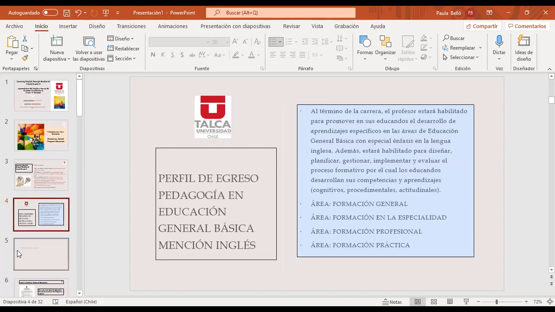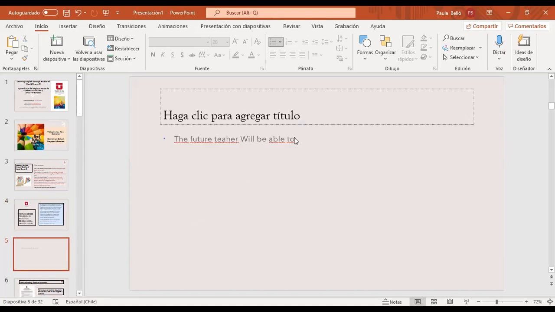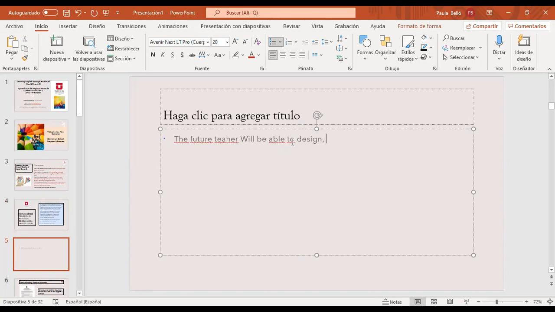I think a teacher has two ways to be: the formal knowledge, like design, plan, carry out, and understand students and be a support to them.